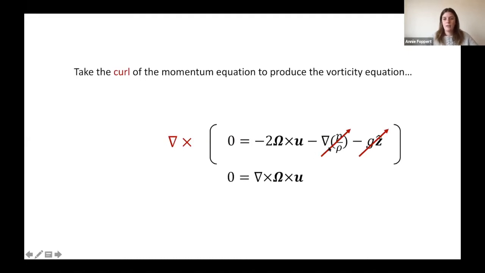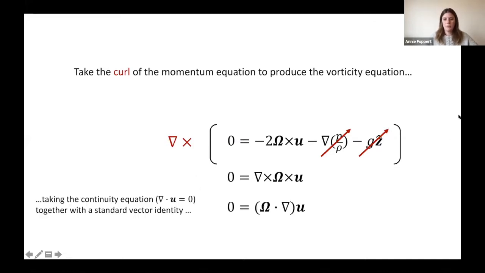Taking the curl of this, these 2 terms are exactly equal to 0 due to vector identities. The curl of the gradient of a scalar is 0, and while it's written as g here, you can think of gravity as a geopotential gradient.